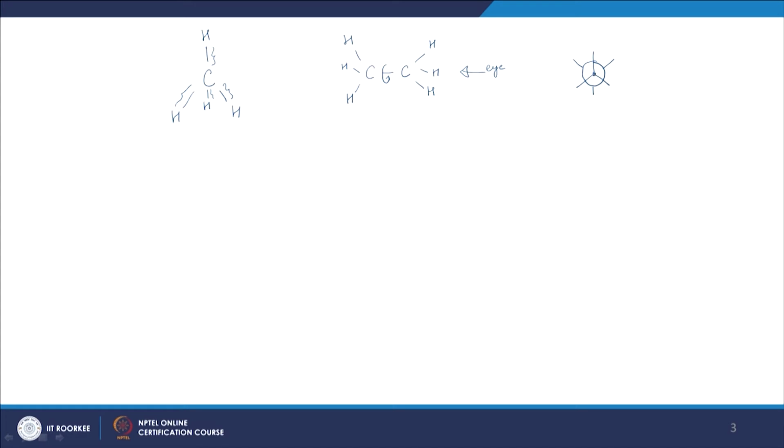So now there is 1 carbon on top, 1 carbon just beneath it, you cannot see it in the graph, but that is given by this circle, and then we have 3 hydrogens of the front carbon and 3 hydrogens of the carbon behind it. Okay. Now, the 3 hydrogens in the front can be rotated with respect to the 3 hydrogens behind it.